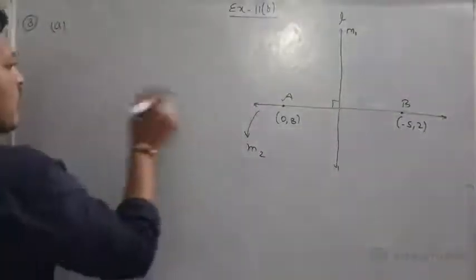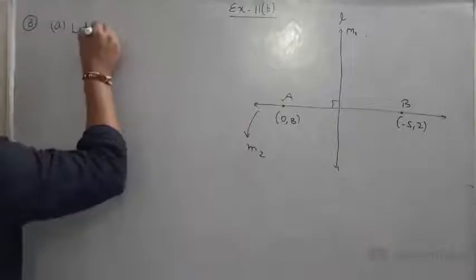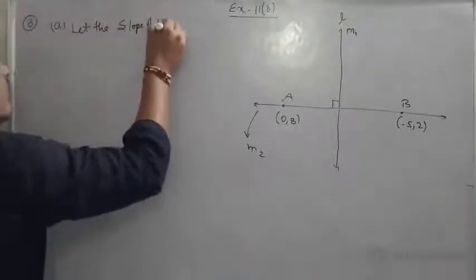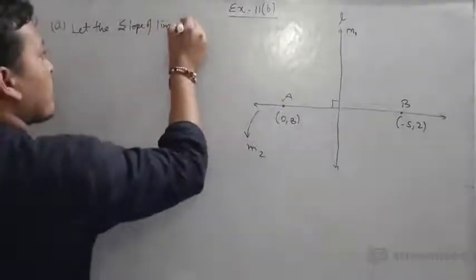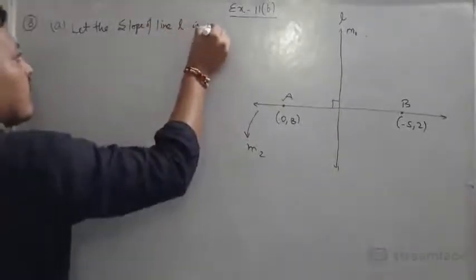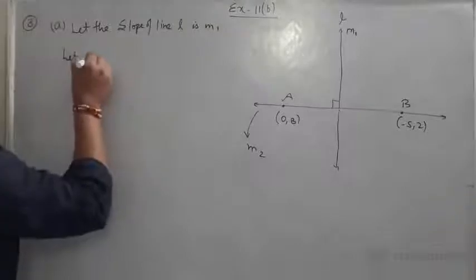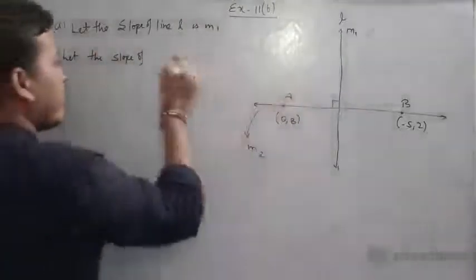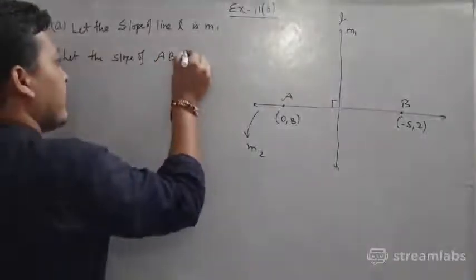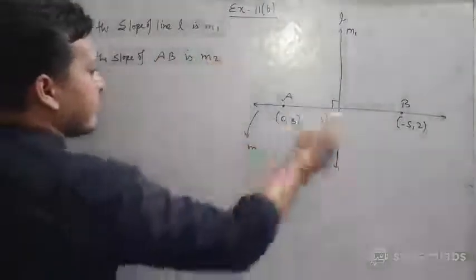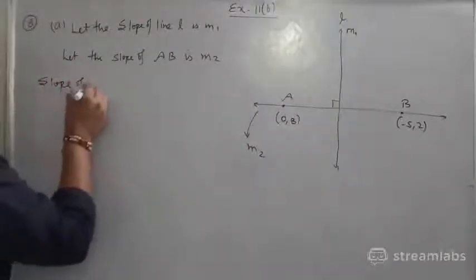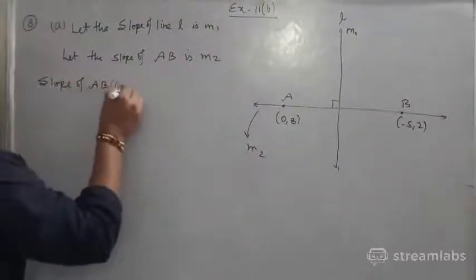So let the slope of line L be m1, and let the slope of AB be m2. Can we calculate the slope of AB?